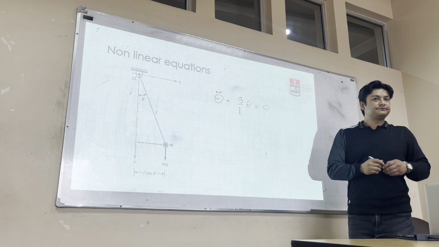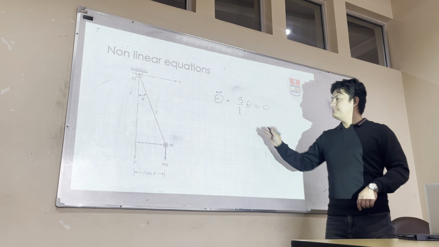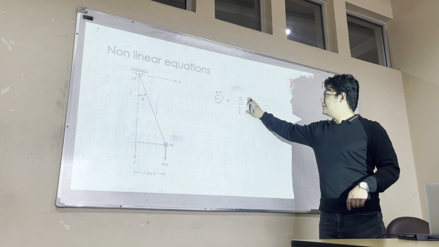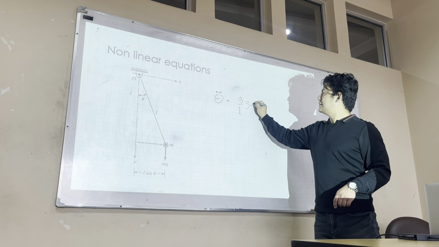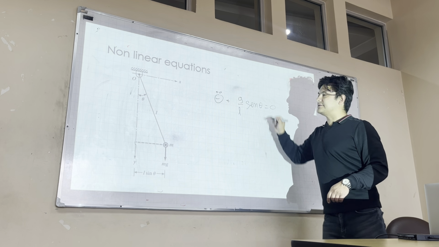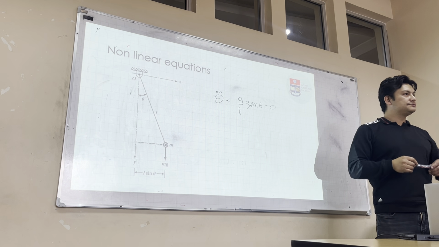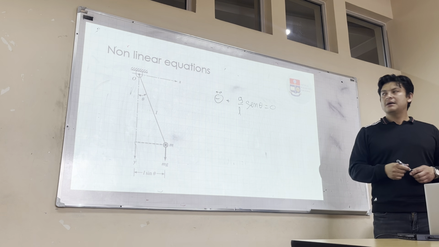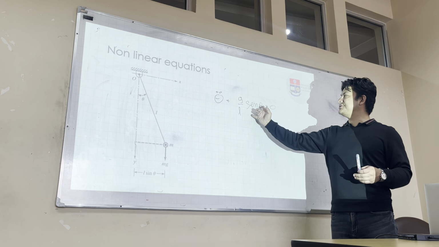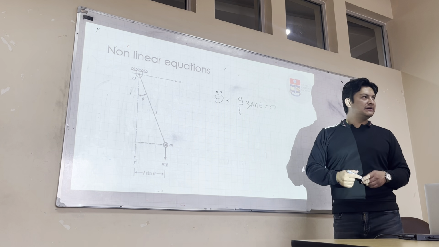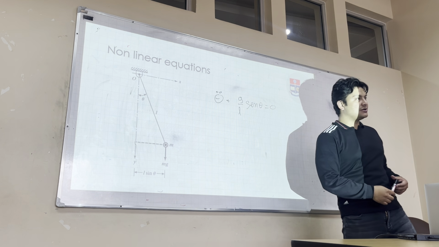Remember? Yep. Right? But this is not the true one. The actual one has sine theta equals 0. This is the actual one. You guys remember? But we said that for a small oscillation, this becomes theta, and this becomes a linear equation of motion.